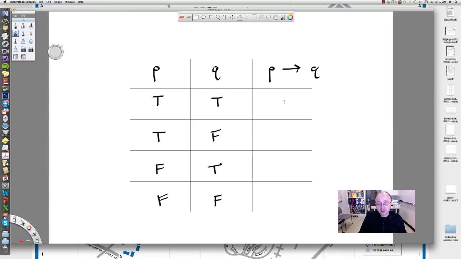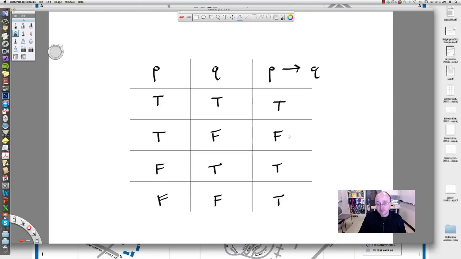Now, this is where the virtue of memorization becomes very, very clear, because it'll be crucially important that you just memorize the entries for the third column. And the entries go like this: true, false, true, true. So the only way for the conditional to come out false is if the first part, P, is true and the second part, Q, is false.